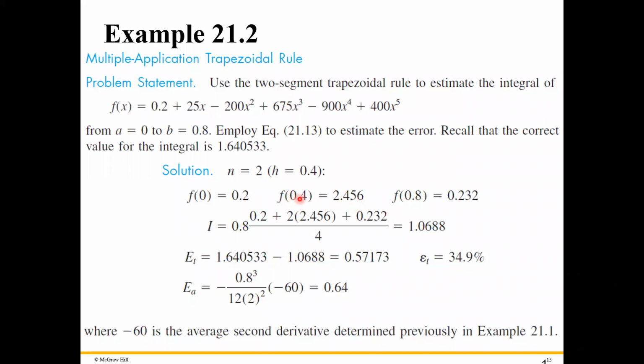If we put 0.4 over here, that is the value at the middle point. The middle point is multiplied by 2. The first and the last points are represented like this. And then by the formula, it is to be divided by 2 times n, divided by 4, sorry.